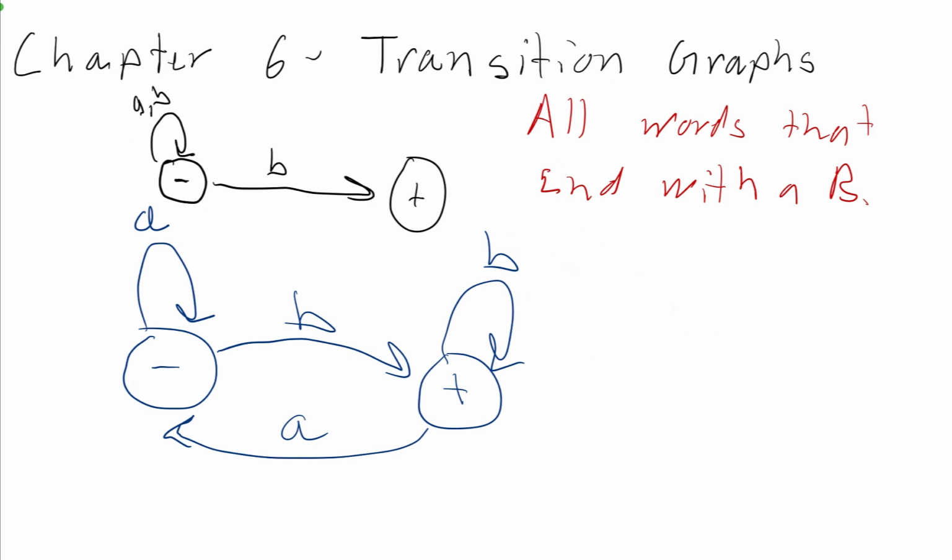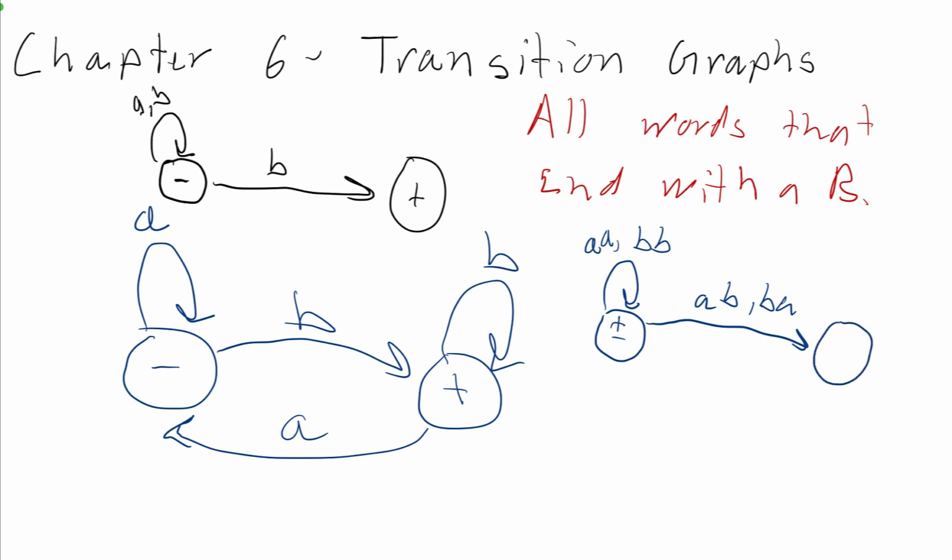Now, a simpler way would be to have a start state. And while we read letters 2 at a time, AA or BB, we have an even number of A's and an even number of B's. If we read an AB or a BA, we'll go to this state over here.